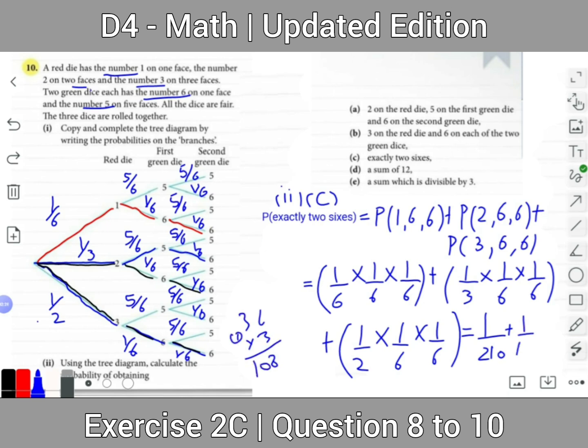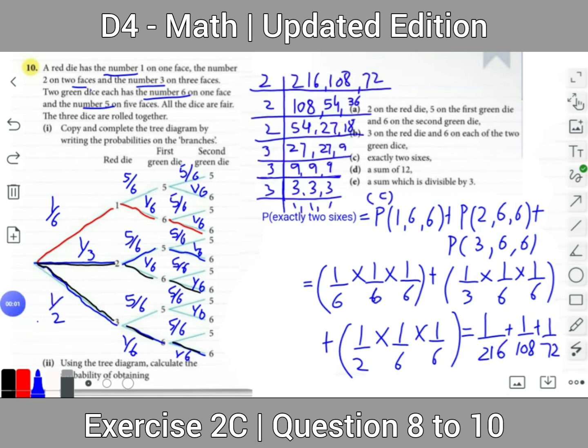1 over 108 plus 1 over 72. Now we have taken the LCM of 216, 108 and 72, and after multiplying all these factors we get 216.